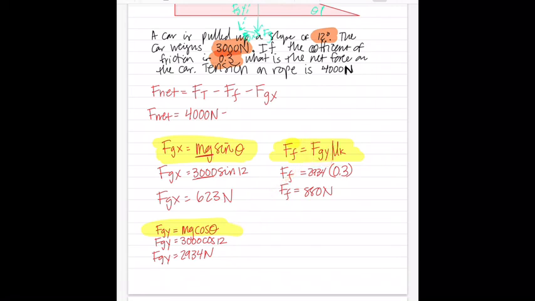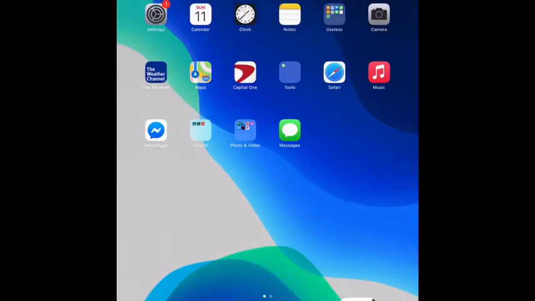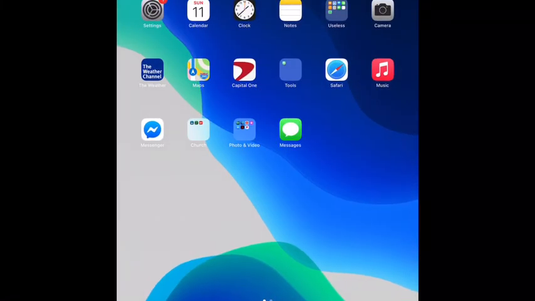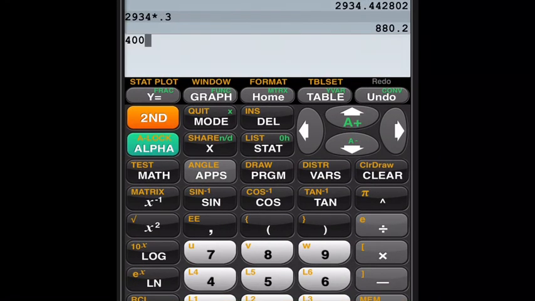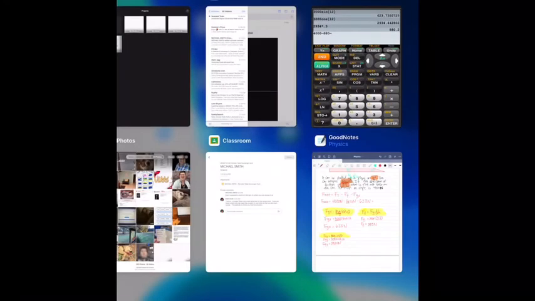Okay, so now I can go and put everything into the net force equation. So 4,000 minus my frictional force, which is 880, minus my Fg of x, which was 623. You just put that in the calculator: 4,000 minus 880 minus, I forgot the other value, 623.